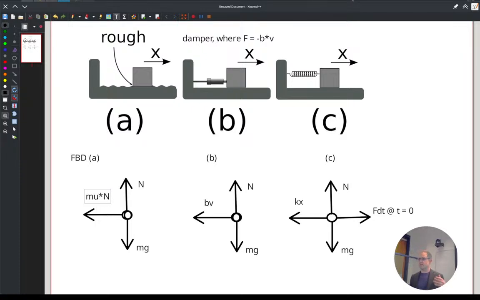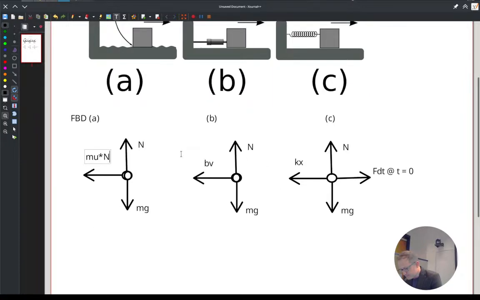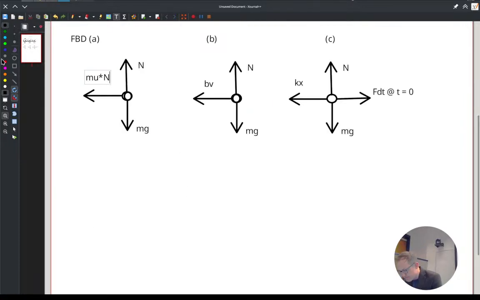So we just have mu times N. And technically, if we want to get specific about it, it's also in the direction opposing motion, so if velocity changes, that would change. It's in that negative direction, but it's always opposing that motion. And let's make these all consistent, so I'm going to get rid of this one.